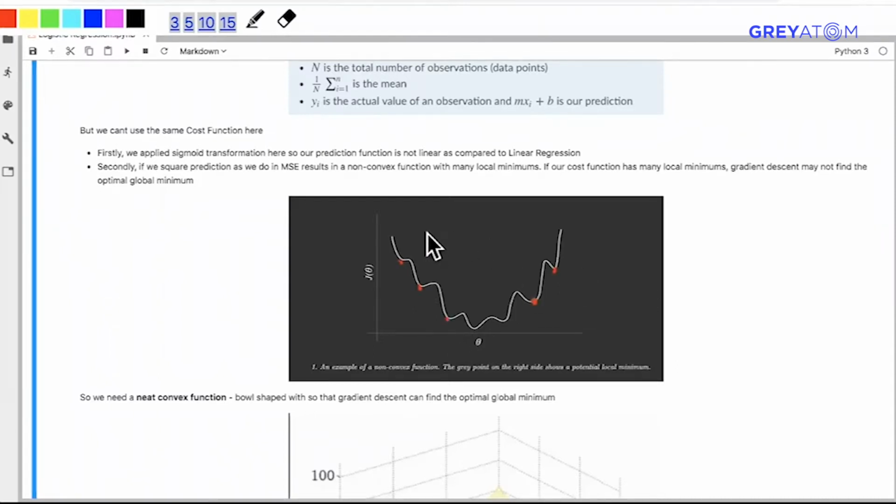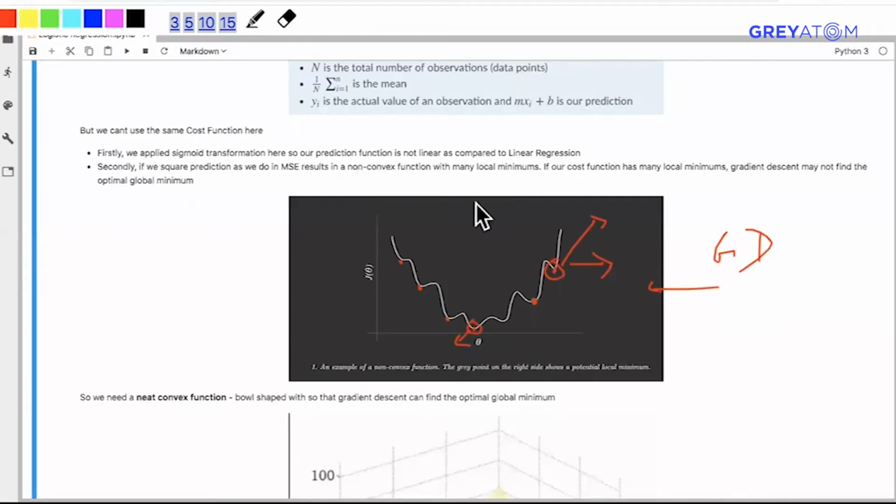So it has a lot of local minimums. When we use an optimization algorithm like gradient descent to minimize this, it can get stuck in a local minimum and give us a bigger cost. But we want our algorithm to go to the optimal point. It may or may not find it because our function is non-convex.